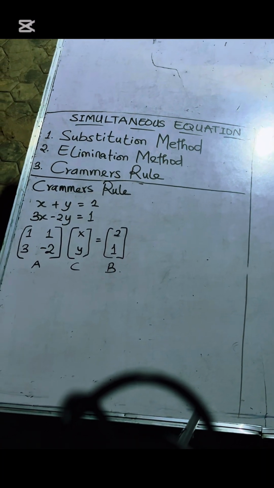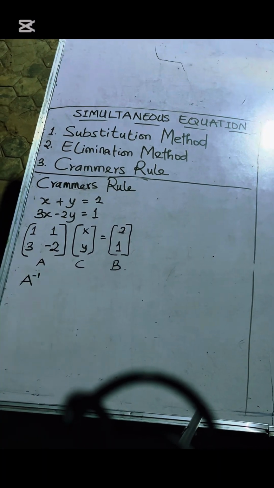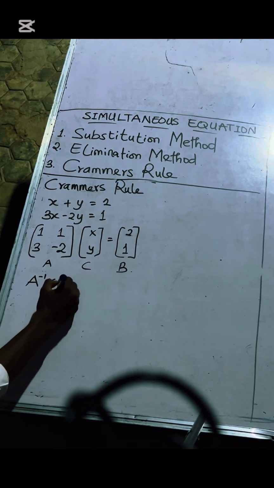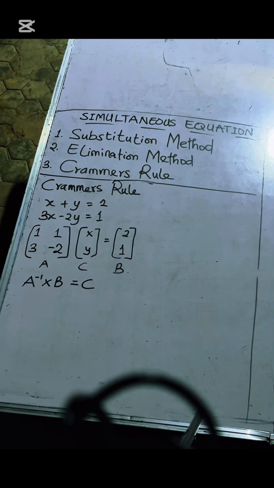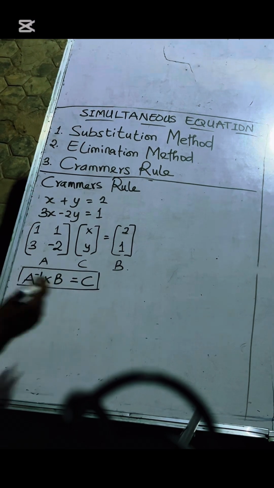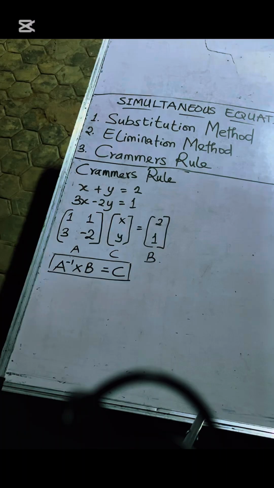Now, in Cramer's rule, it's supposed to be in this pattern. The inverse of matrix A times matrix B will be equated to matrix C. That is what Cramer's rule is all about. Now, how do we place all of this and get x and y? Yes, you'll be thinking, how is it possible? Now, this is how we go.